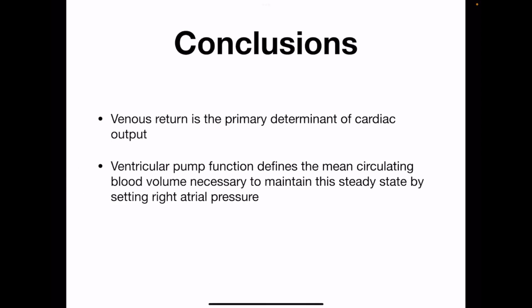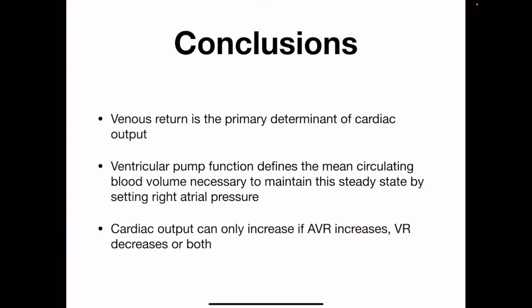The next important thing to understand is that ventricular function defines the mean circulatory blood volume necessary to maintain this steady state by setting a right atrial pressure. What the heart does is reduce the right atrial pressure by increasing the cardiac output, and by reducing the right atrial pressure, it is increasing the driving pressure of the venous return.